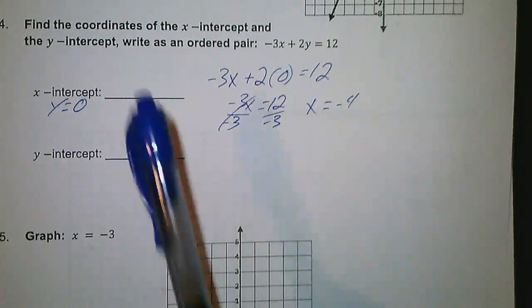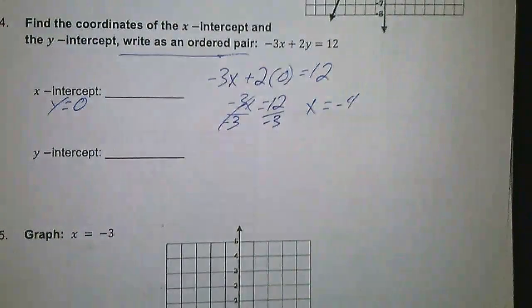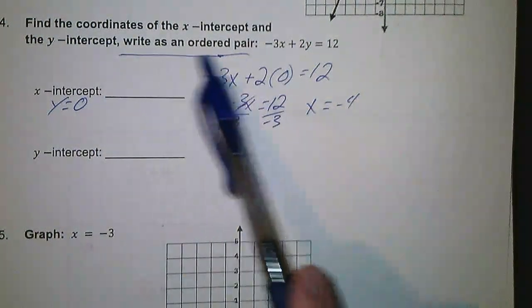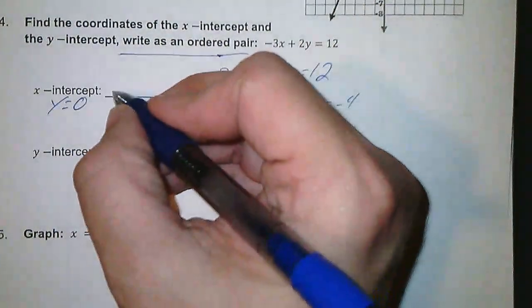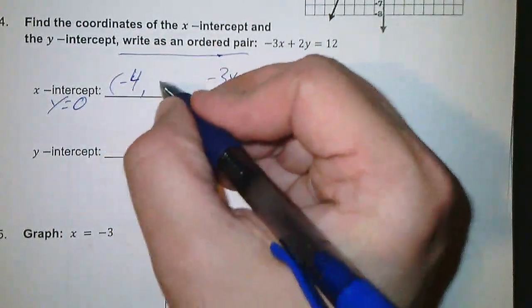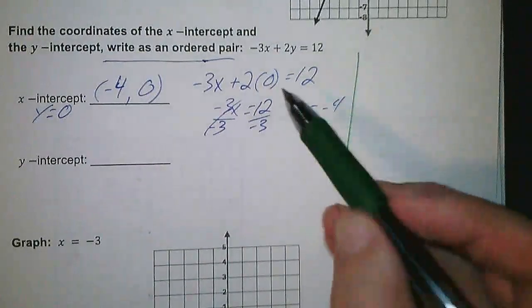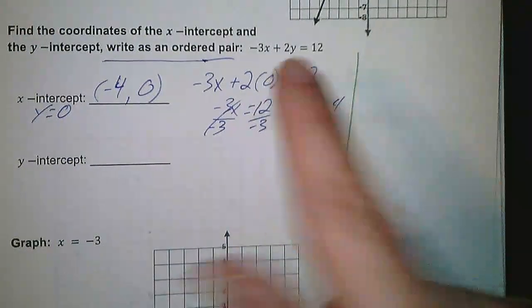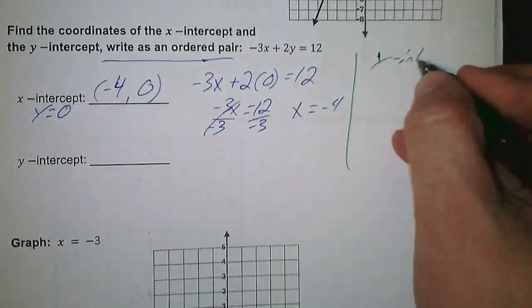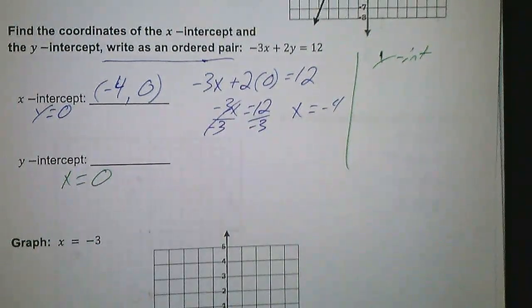Of course, especially in ALEKS, it will ask for an ordered pair. So negative 4 for the x, 0 for the y. The other way I see this taught is if we're looking for the y-intercept, of course, our x value is 0.